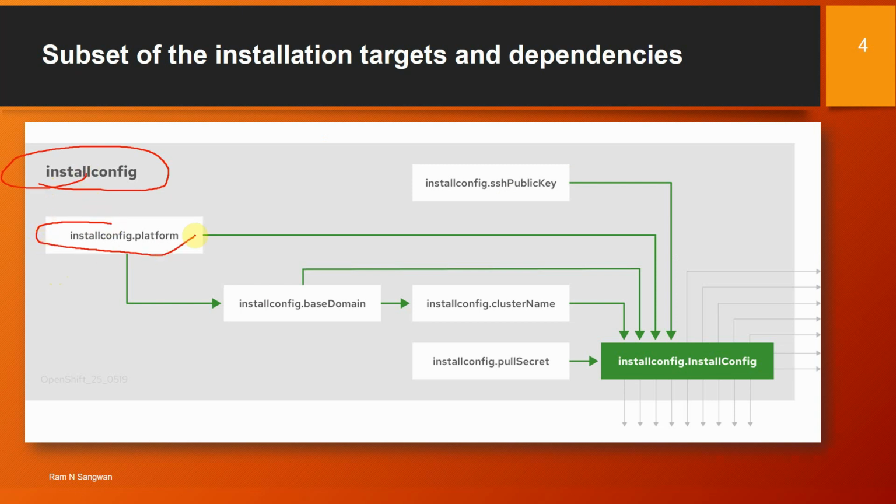This is the install config platform. This will call install config base domain, install config SSH public key, install config cluster name, install config pull secret. All these parameters are provided to the install config, and then it will start the installation. These are the targets and the dependencies.